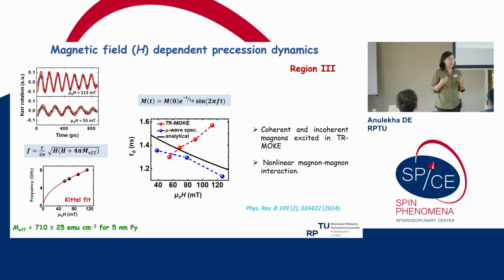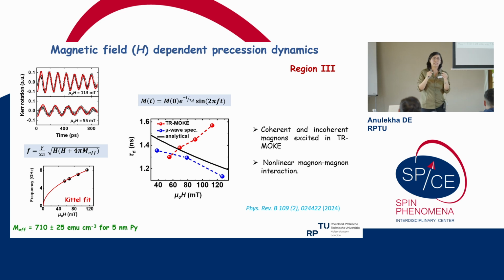We have come to the conclusion that when we hit the sample with a femtosecond laser pulse, or strongly excite the system with the laser pulse, then in addition to coherent magnons, some thermally generated incoherent magnons are also present, which is responsible for this opposite behavior.